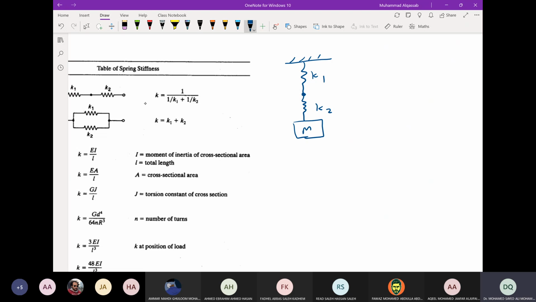Since the masses of the springs are negligible, this can be made equivalent to one spring and the same mass. So this is K equivalent. This one we call the series arrangement.